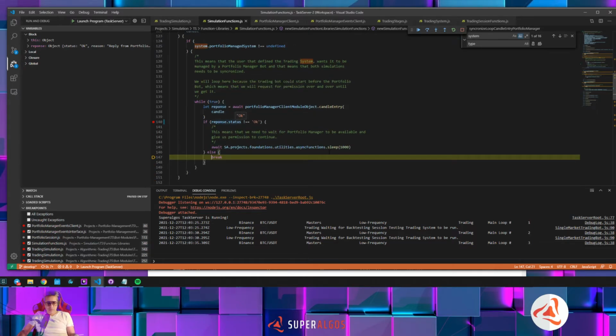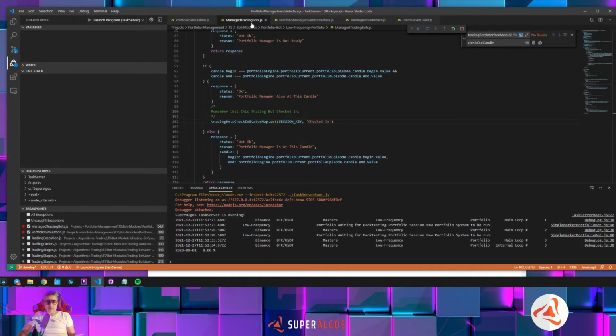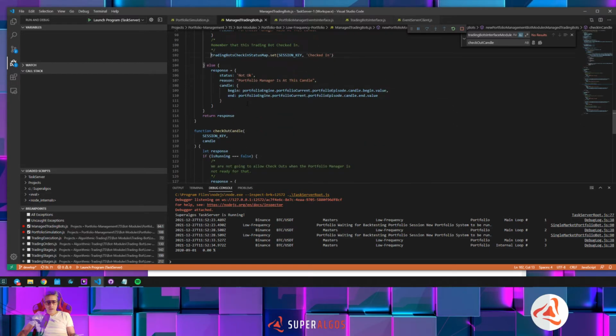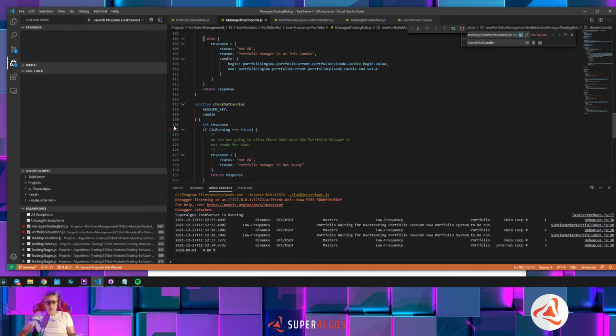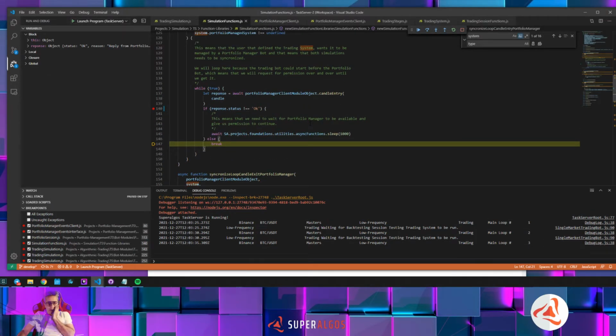So at this side, we have the check-in candle. Then we will stop at the checkout, because now this is going to run the candle.